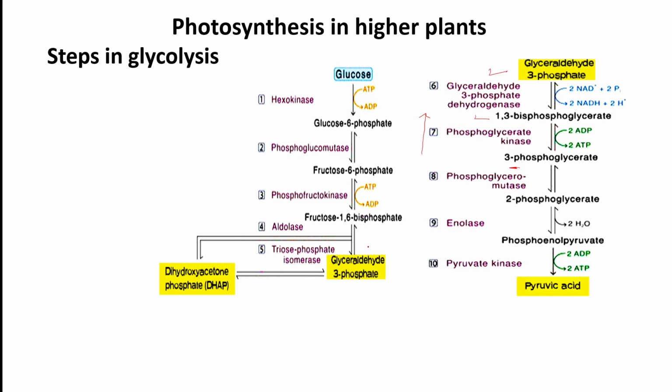This is further converted into glucose following this pathway: glyceraldehyde 3-phosphate converted into fructose 1,6-bisphosphate, then fructose 6-phosphate, and finally to glucose. So you can see the reduction phase of the C3 cycle is the reverse of glycolysis.